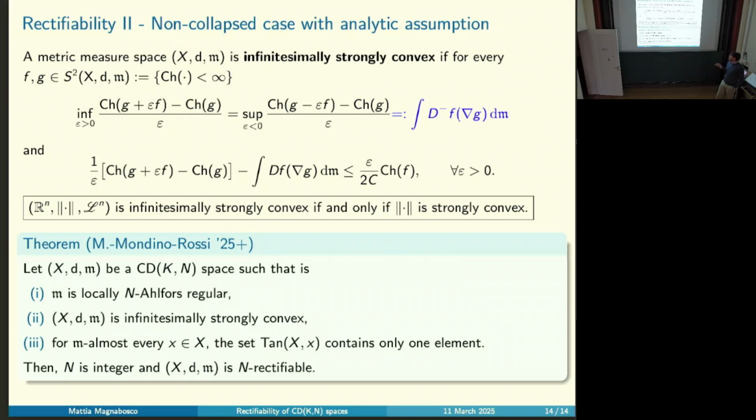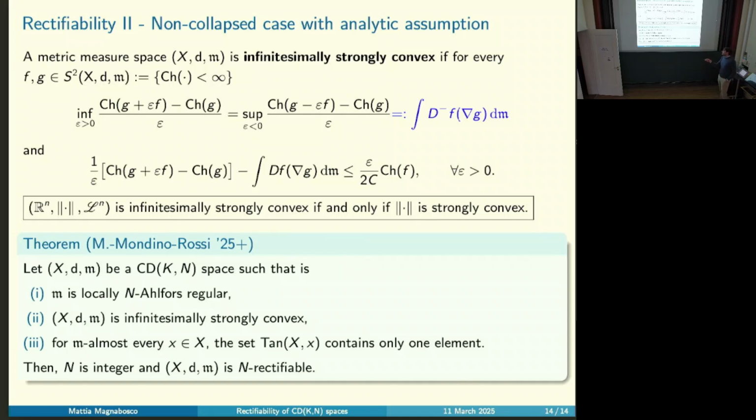So if we have a CD(K,N) space, we have now 3 assumptions. The first one is that the measure is locally n-Ahlfors regular. Quick remark now, n is the same as this N. So the Hausdorff dimension basically is now the same as the dimensional bound.